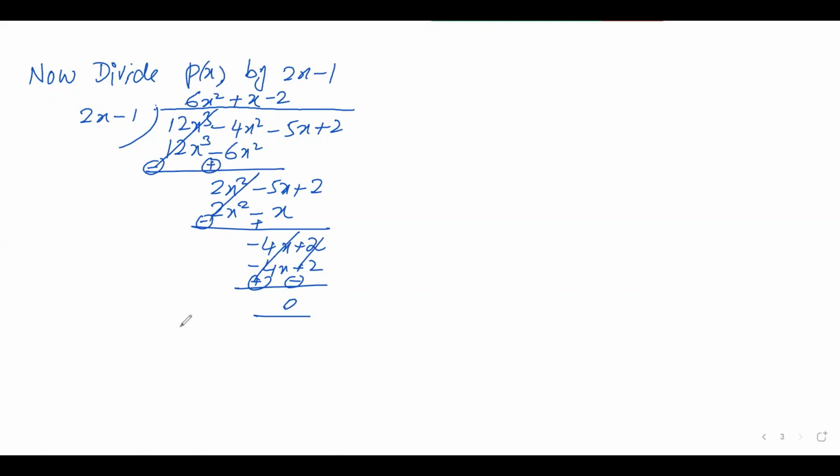So this part is the dividend, this is the quotient, and here is the divisor.